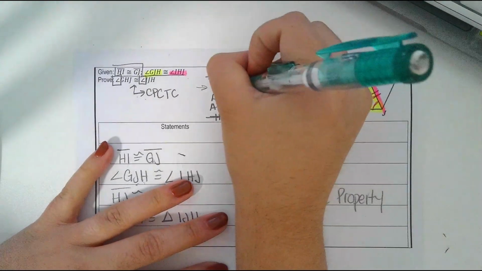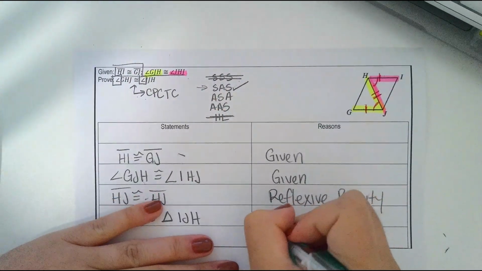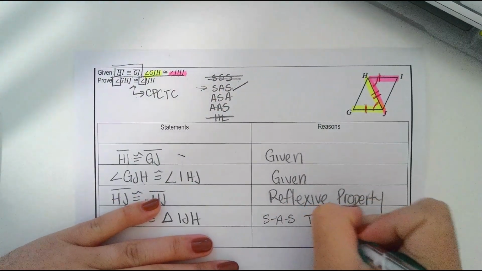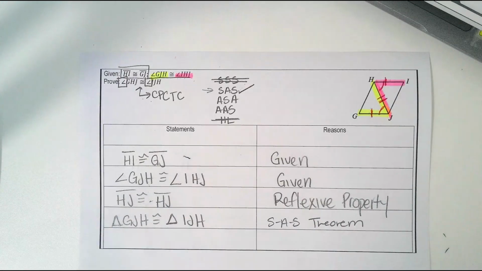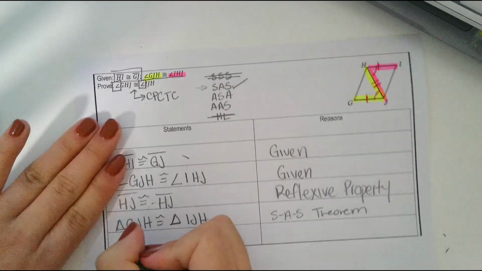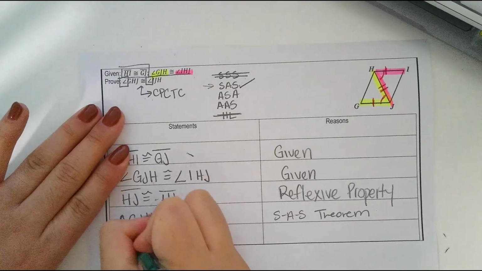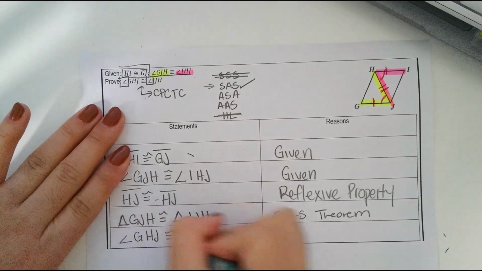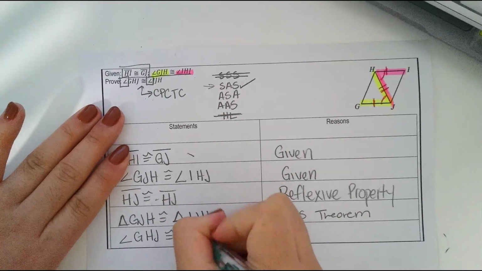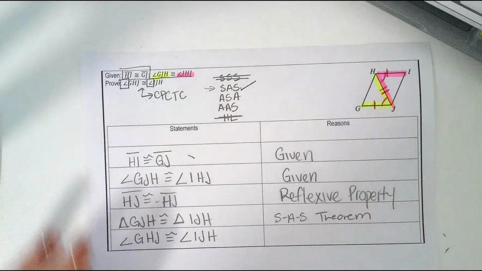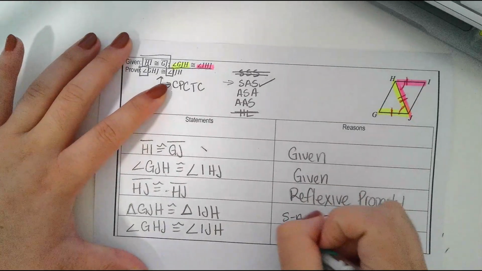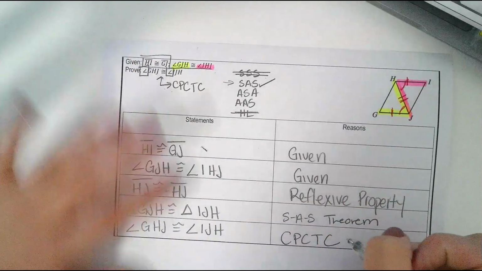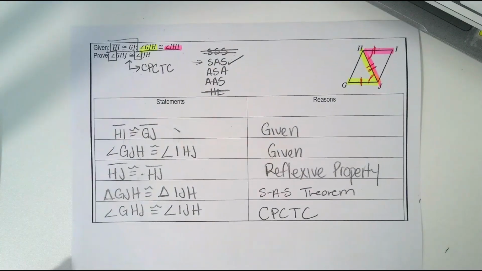So yes, we are able to use the SAS theorem to prove that these two triangles are congruent. Now that we were able to prove that these triangles are congruent, now we can prove that corresponding angles, which is GHJ, is congruent to this other corresponding angle, which is IJH. These angles are corresponding parts of these two congruent triangles. So the reason is CPCTC. Okay, so now you're going to finish your independent practice.